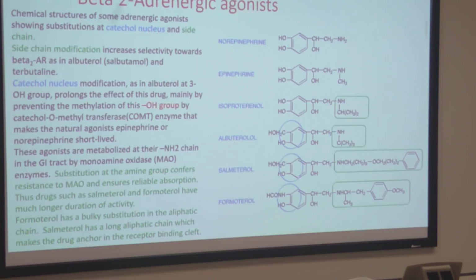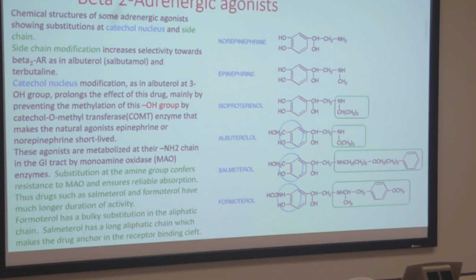Epinephrine is methylated, and see the amino group, it's not primary, it's a secondary amino group. When you convert a primary amino group to a secondary, its potency increases. Comparing epinephrine and norepinephrine, which one is the more potent beta-adrenergic agonist?